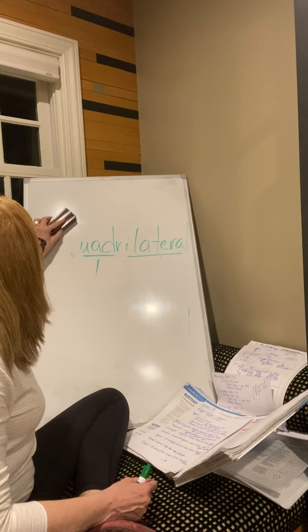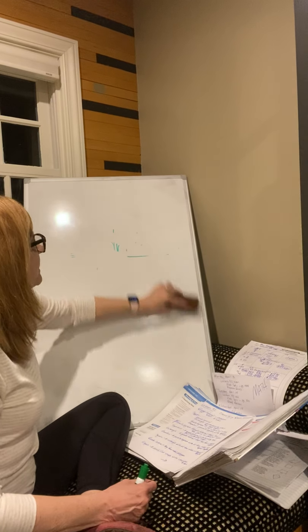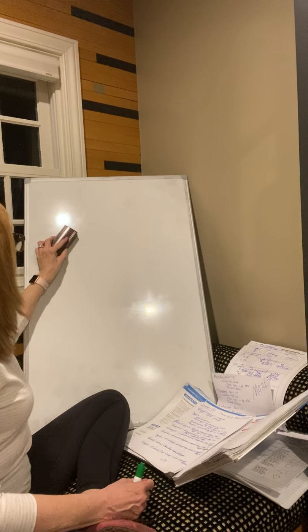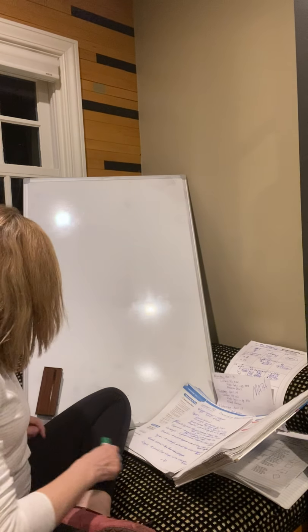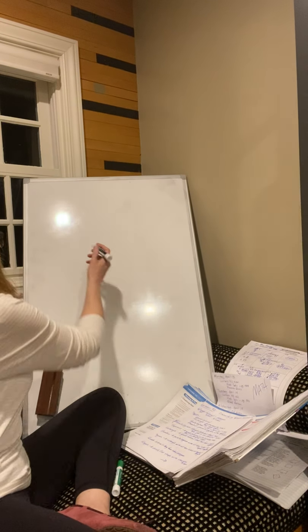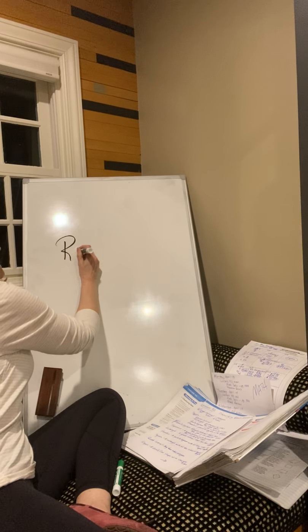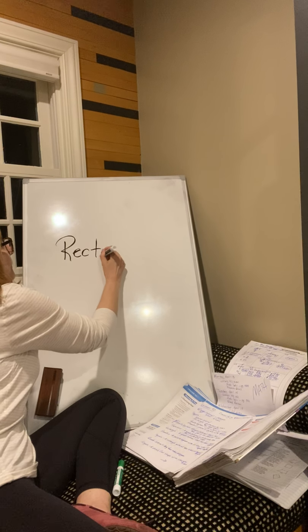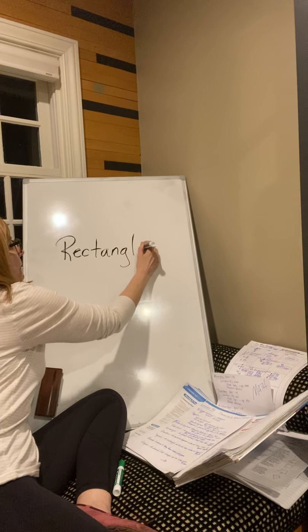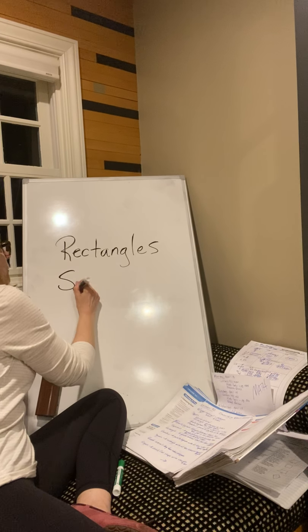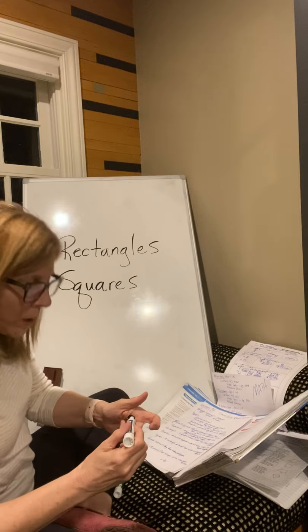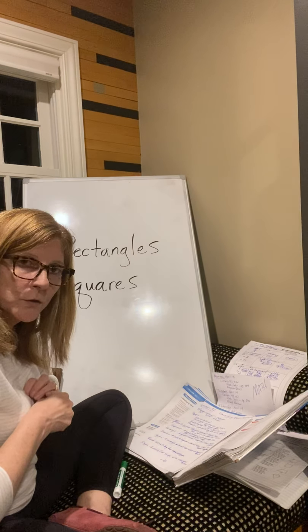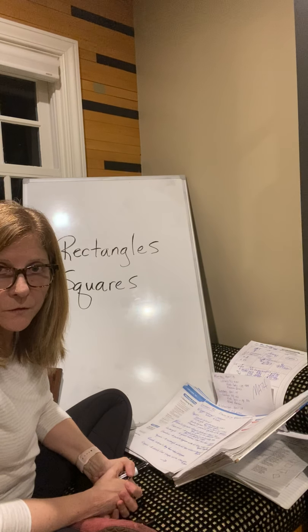Okay, so we've talked about some particular kinds of quadrilaterals, and the ones that we have really discussed a lot are rectangles and squares. So, are all rectangles quadrilaterals?